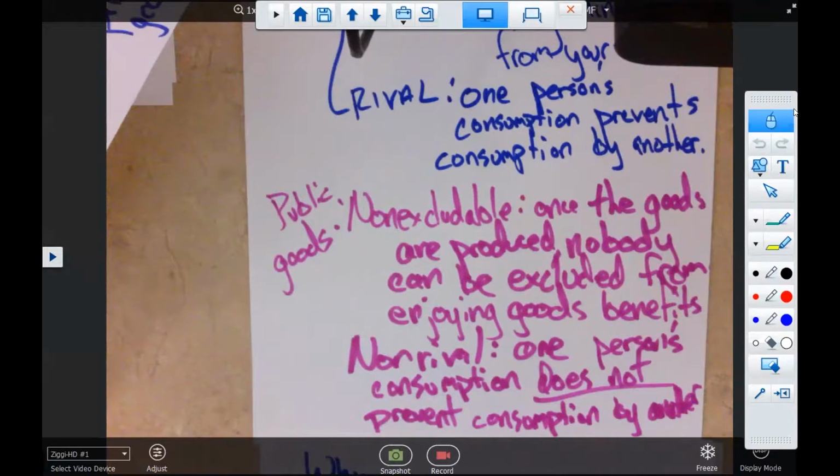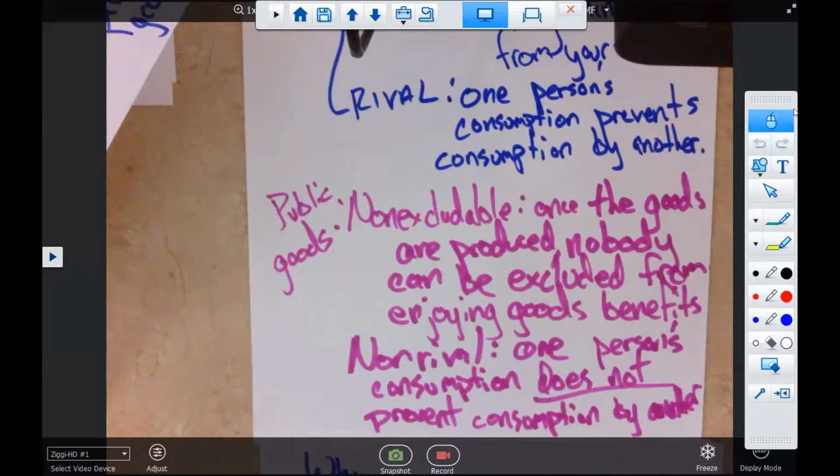The fact that, even if you don't pay any taxes as you drive through a bunch of other states, you get to use their roads. Clean air is a public good. We can't exclude anybody from using clean air. My use of clean air doesn't stop you from being able to use clean air. Public water, yes, absolutely. Libraries are a public good.